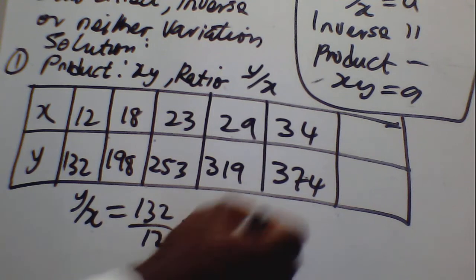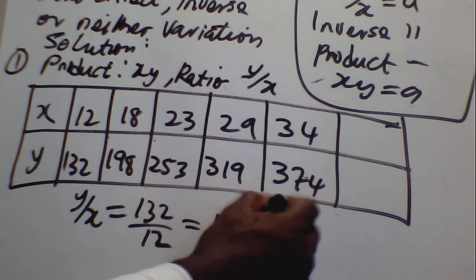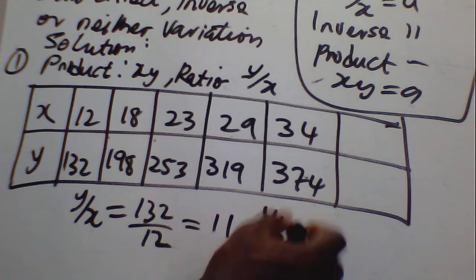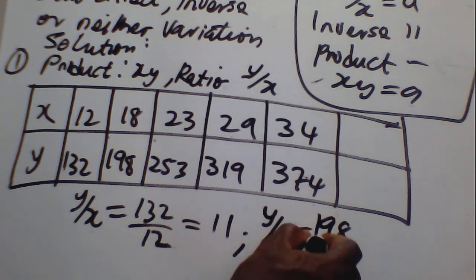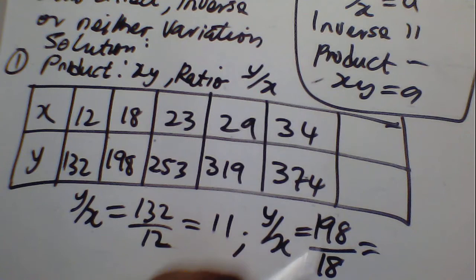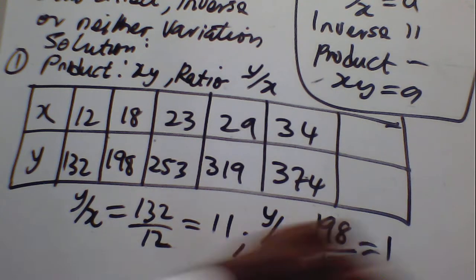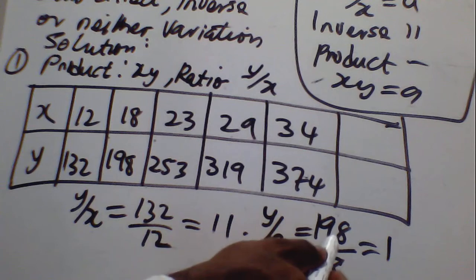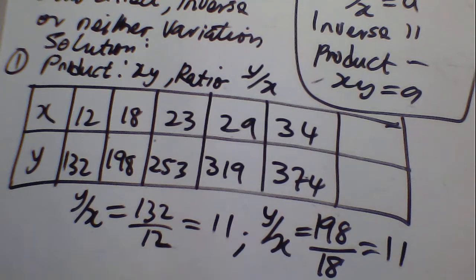So we do the second one: y over x is equal to 198 over 18. 19 divided by 18 will give us 1, carry 1, and 18 divided by 18 will give us 1, so 11. So you see, this is showing.